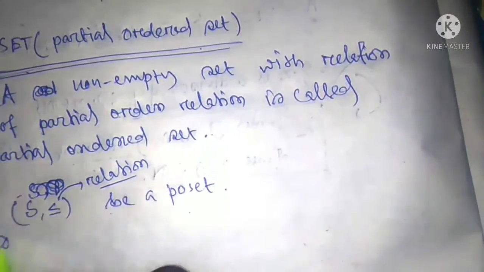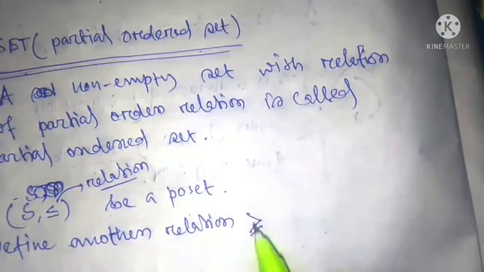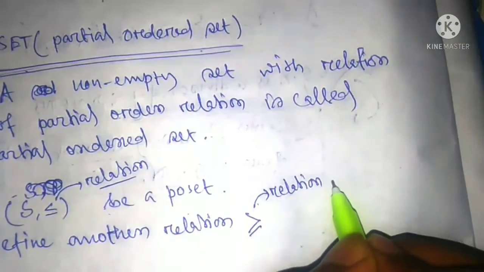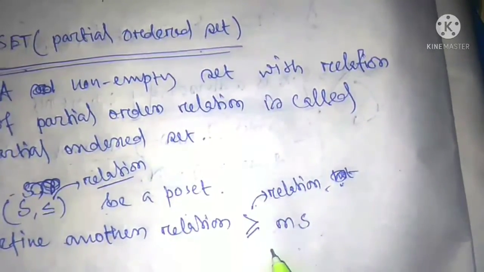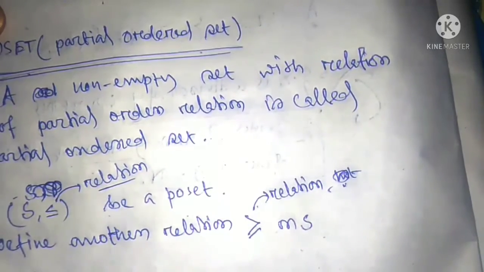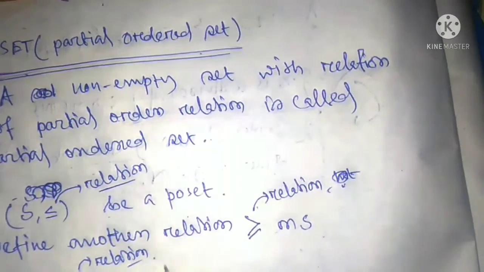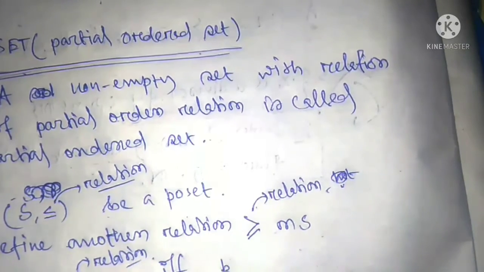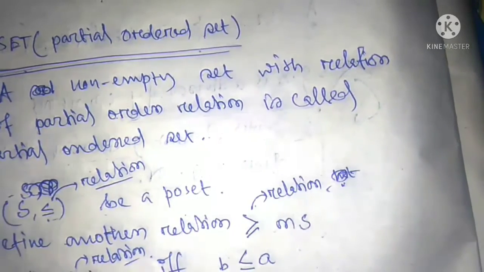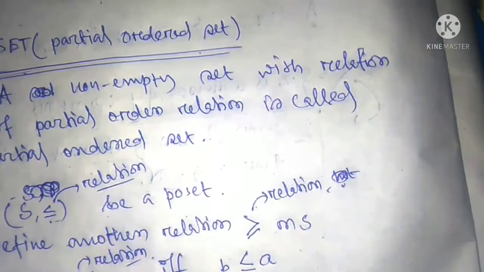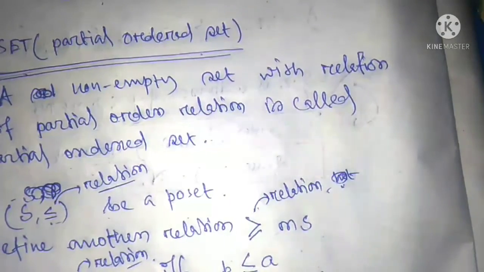Define another relation, greater than equal, on the non-empty set by A related to B if and only if B is related to A. That means A is a divisor of B. This is the meaning.